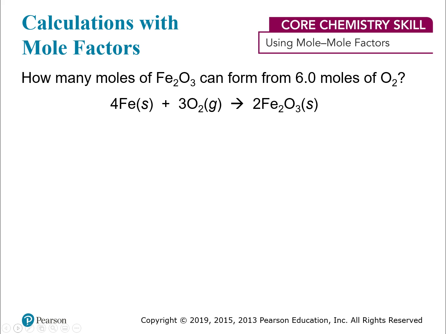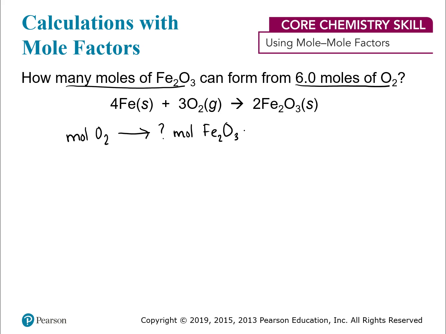Now we're going to do the math like I threatened. So we've got moles of this iron compound. We're trying to figure out how many moles we can form from 6 moles of oxygen. Always write down what it is you're doing. We've got moles of oxygen gas and we're trying to figure out moles of this iron oxide.